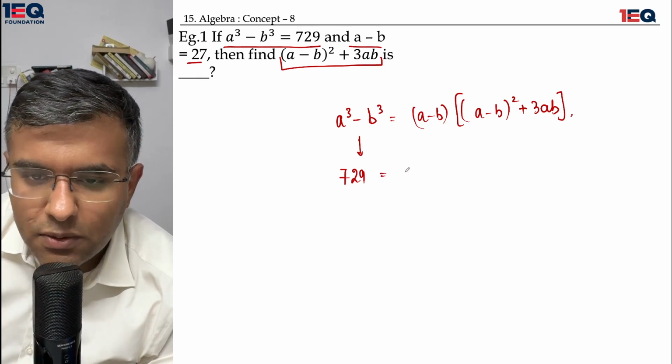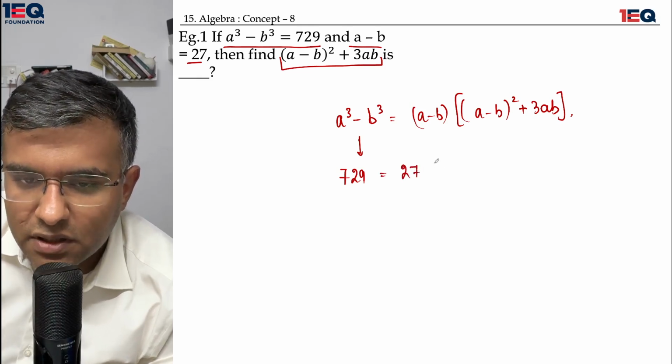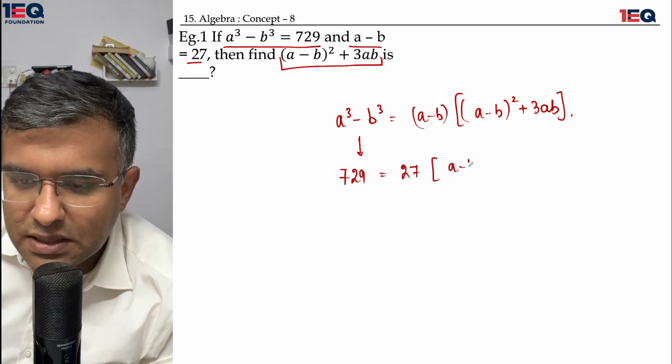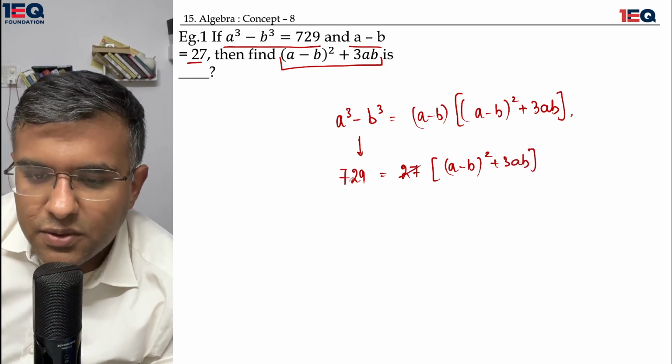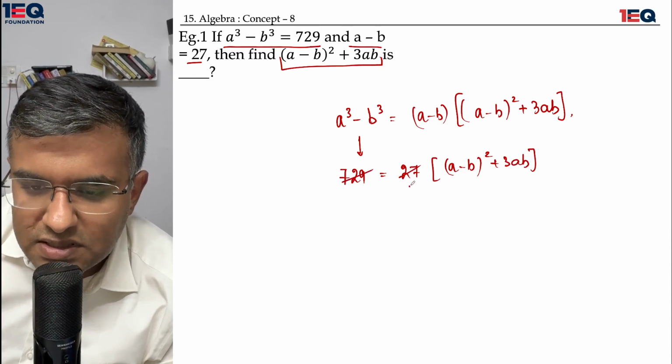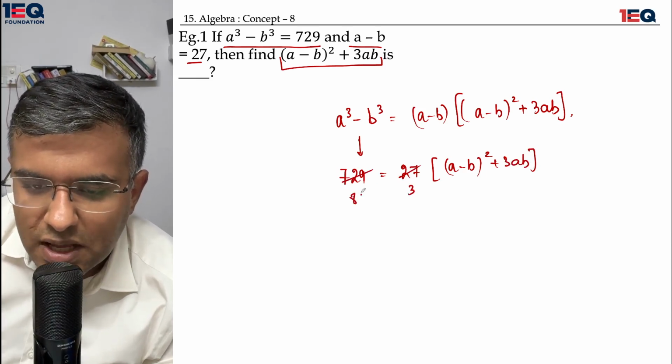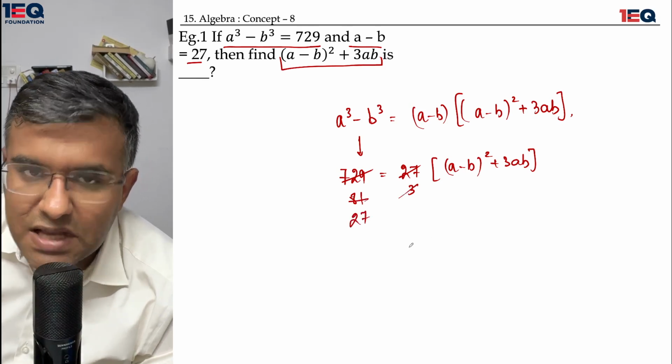729 is equal to (a minus b), which is 27. And the question is asking us the value of (a minus b) whole square plus 3ab. I'll start using this. 9 3s are 27, 9 81s are, this is 3 1s are, this is 3 27s are.